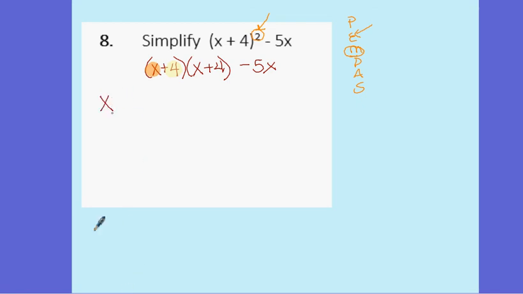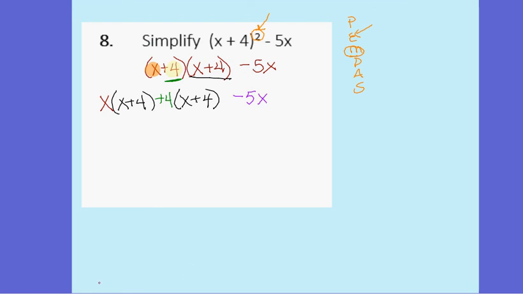My first piece is x times my x plus 4 from over here. And now my second piece is this positive 4 right there to this x plus 4 over here. And then we don't want to forget, we still have this minus 5x at the end. Let's keep this expression equivalent to the one above.